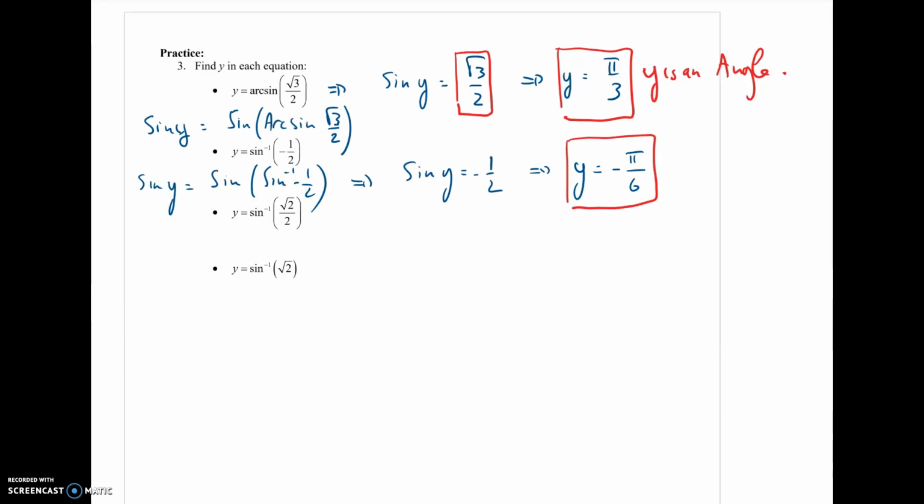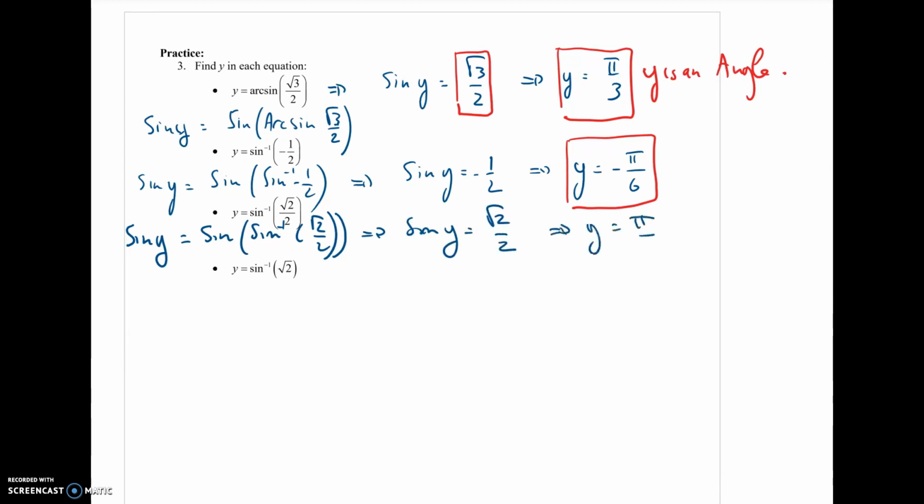If I do the same for the other one, I end up with sine y equals sine of sine minus 1 of square root of 2 divided by 2. Therefore, sine y equals square root of 2 divided by 2, and so y equals pi over 4.